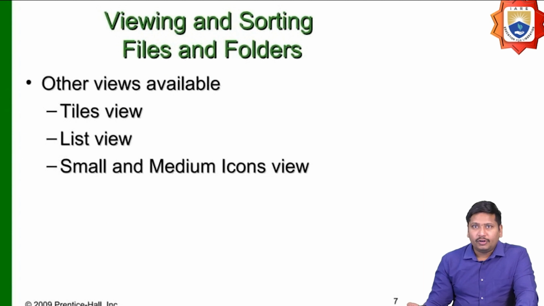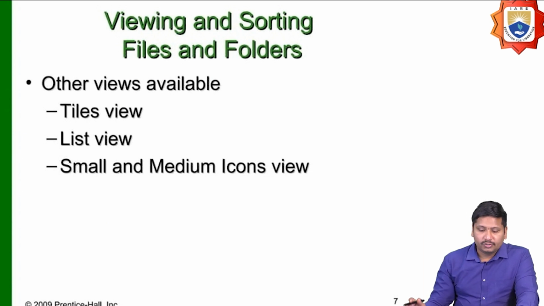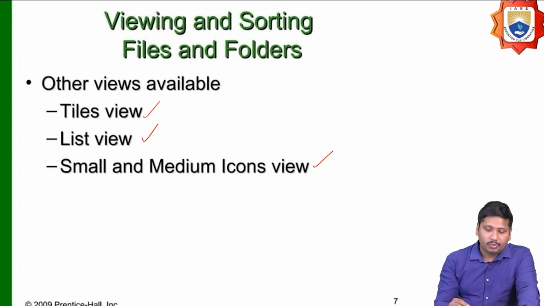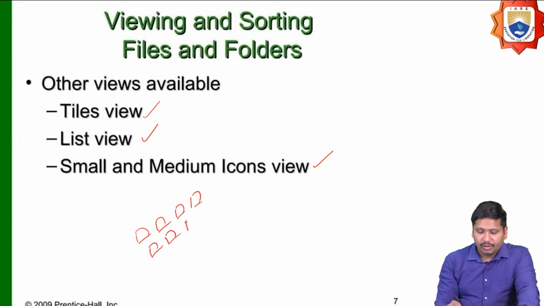What are the other views of these files and folders? The very first is tiles view, then list view, and small and medium icons view. These are some of the views for sorting the files and folders. We can view the files in tiles view, so these would be the tiles, whether they are files or folders.